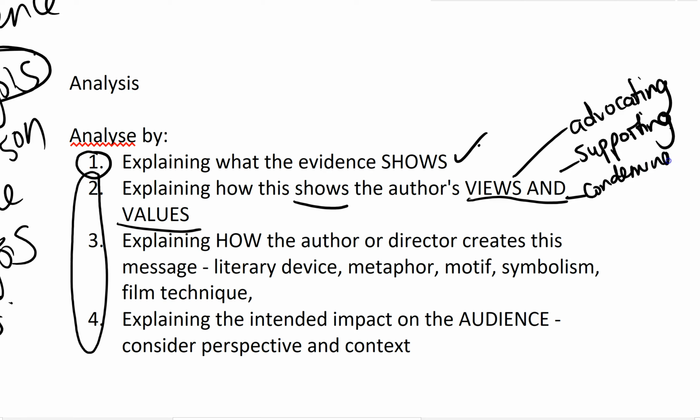So if we're thinking about Black Panther, we might talk about how Coogler condemns the use of violence as the way of achieving one's goals. However, he advocates the opening up of aid across the world.